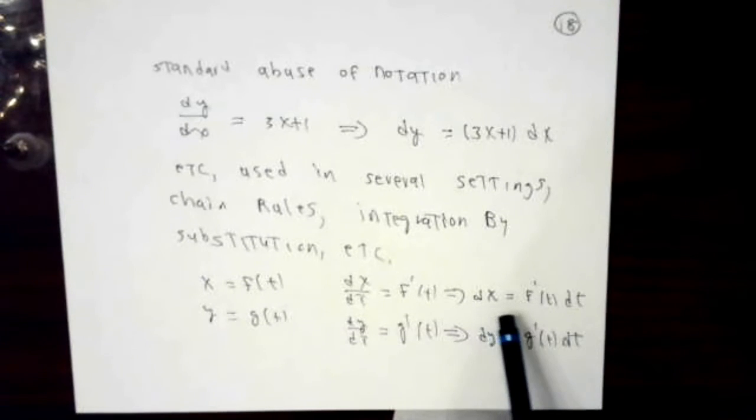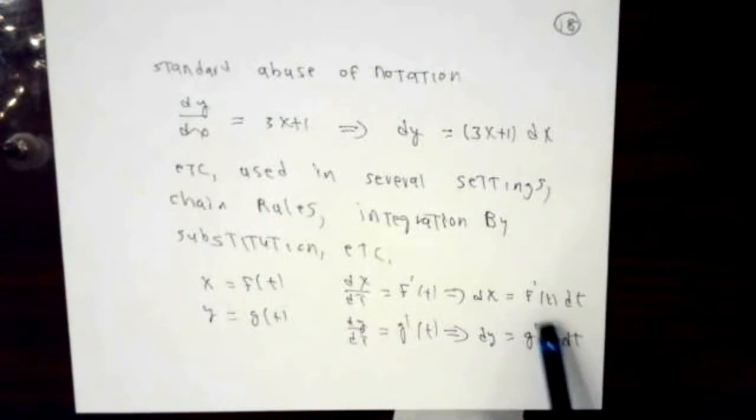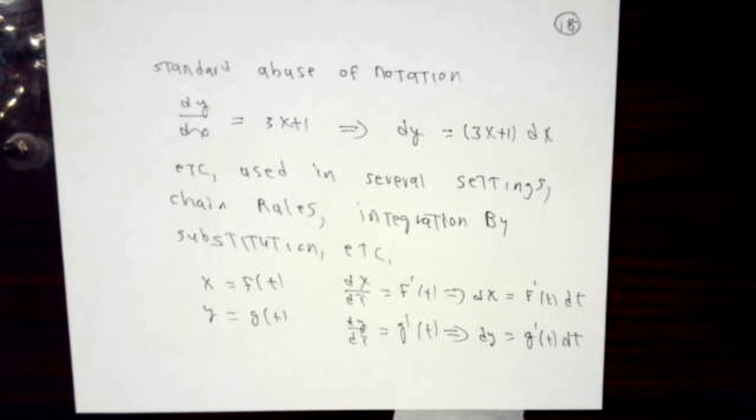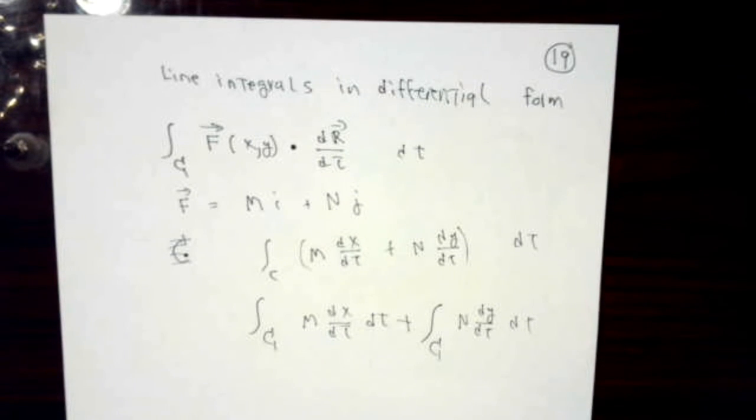When I write the symbol dx, I mean the derivative of x multiplied by dt, and likewise for dy. Sometimes, especially in physics, people will write line integrals in a different form than we've written them. So I want to at least mention that and use this opportunity to abuse the notation in the usual way.